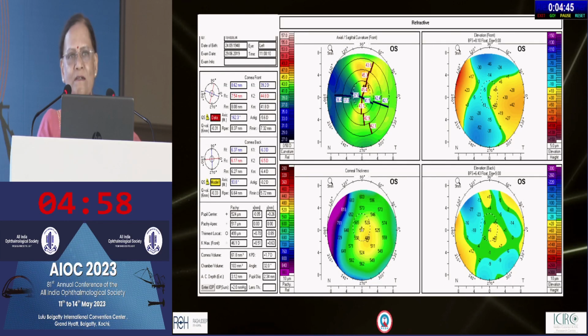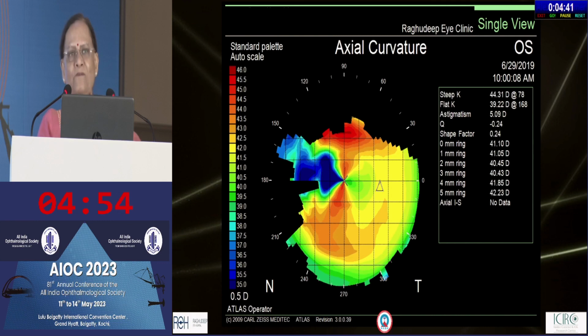We did a Scheimpflug imaging with a good anterior and posterior elevation curve. And we did a topography because this pterygium was inducing at least 5 diopters of astigmatism. What is the next best thing we can do for this patient? Can we reduce his dependency on glasses in any way?